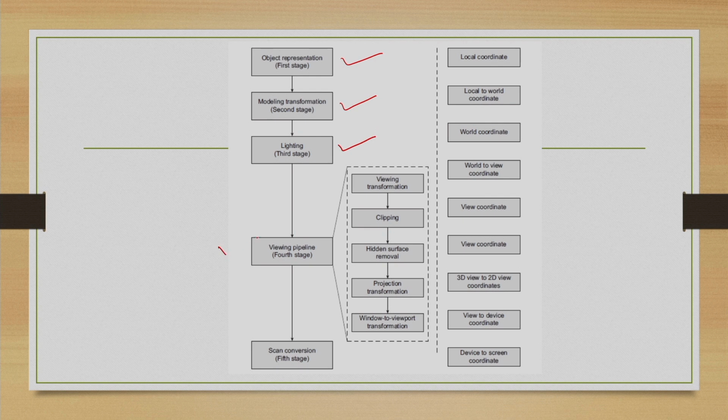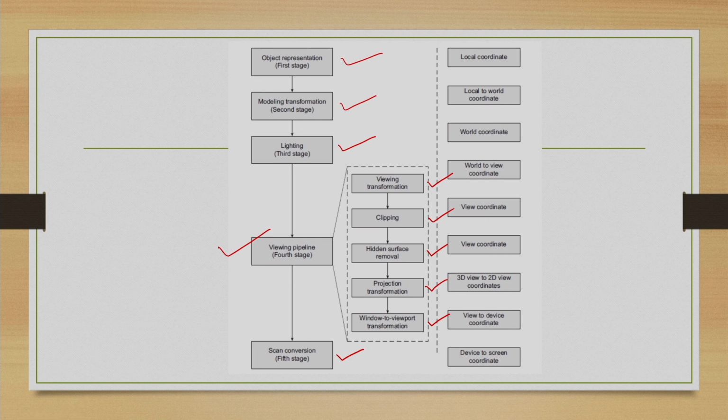Fourth stage is viewing pipeline, which itself consists of 5 sub-stages, namely viewing transformation, clipping, hidden surface removal, projection transformation and window to viewport transformation. The fifth and final stage of the graphics pipeline is scan conversion.